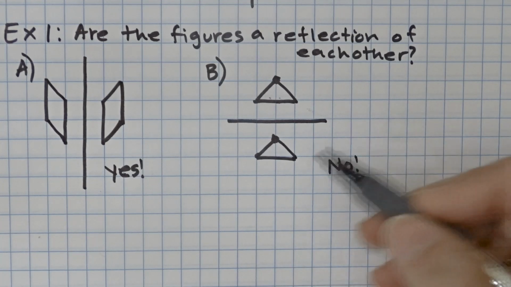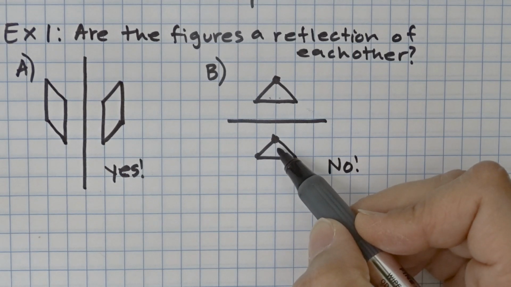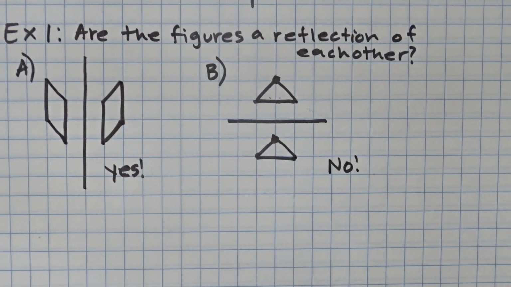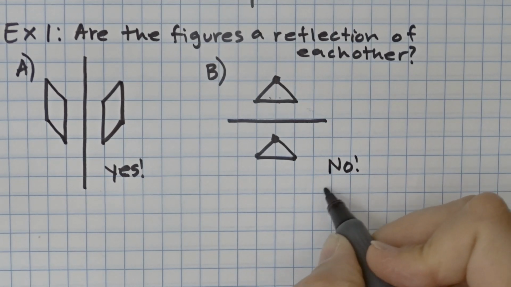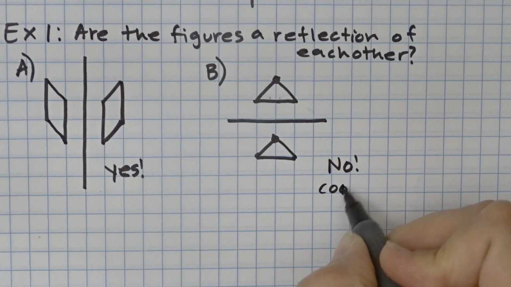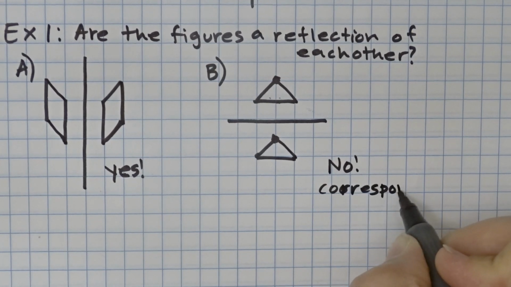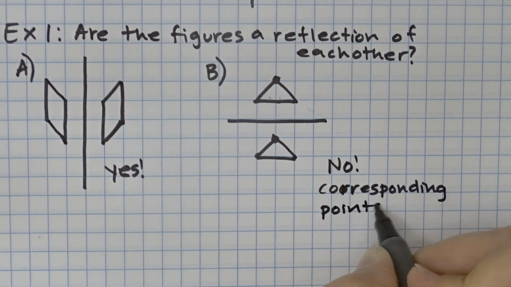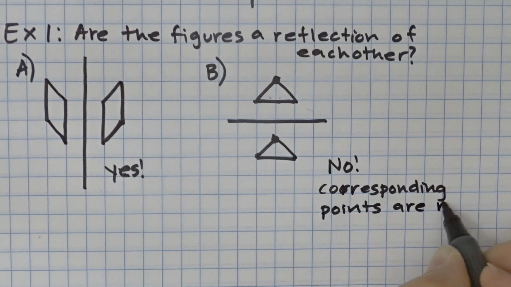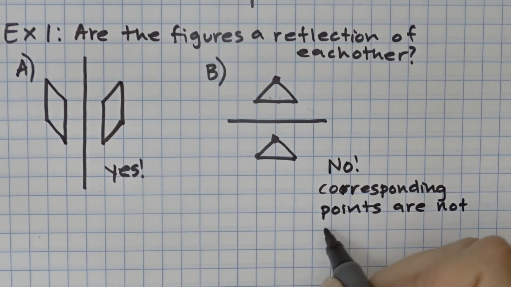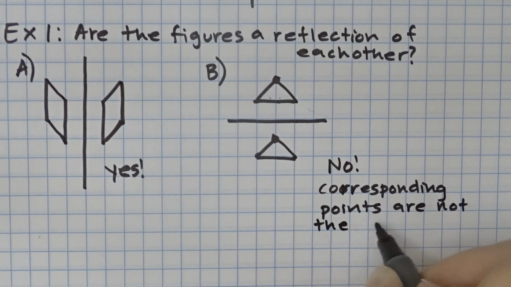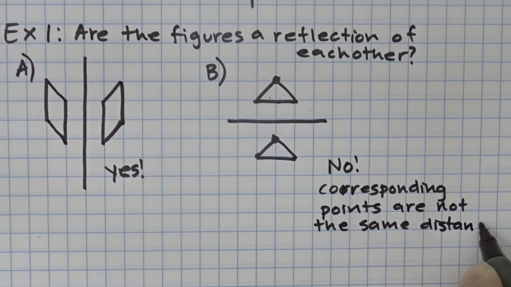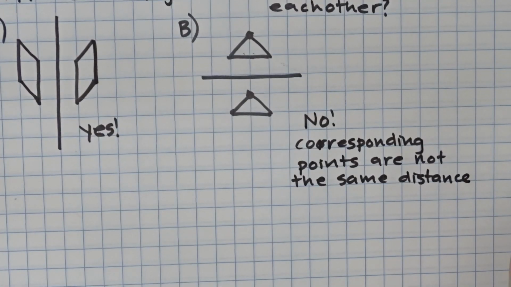One way we could confirm also is this one. The bottom one could have been facing down or the top one could have been facing in, but clearly they're not, so no. Corresponding points are not the same distance from the line of reflection.